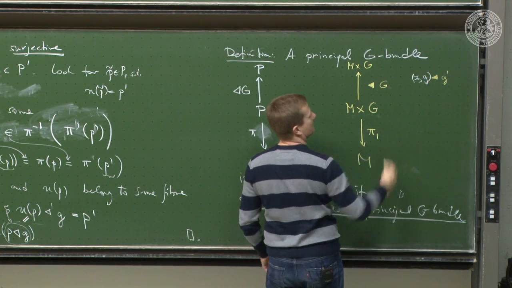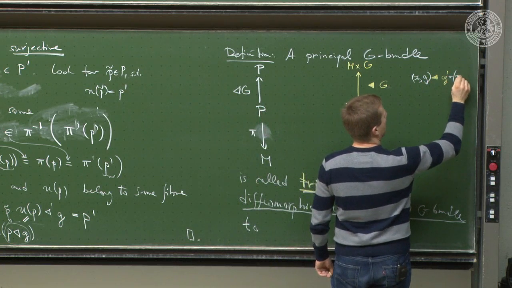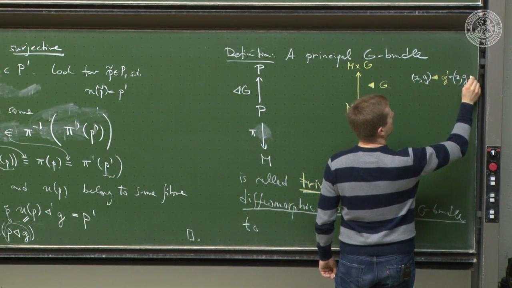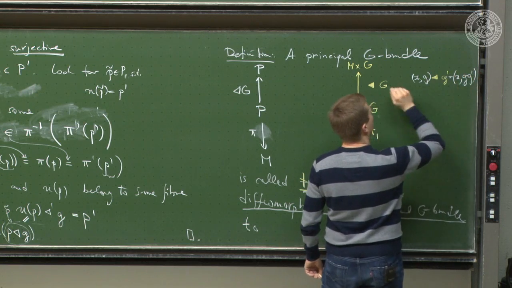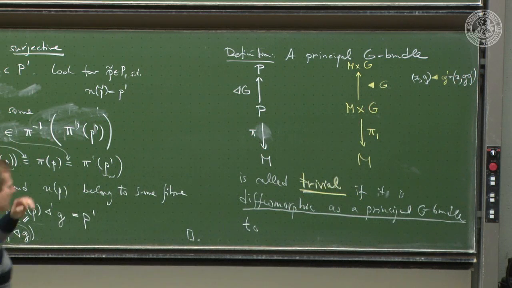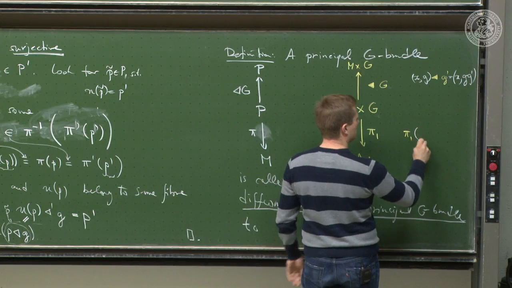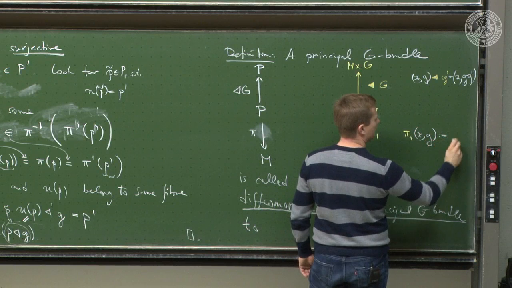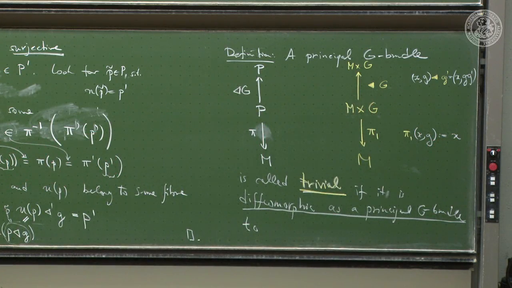This is defined to be x, the x remains untouched, and you act from the right by g prime on the group element. It's very trivial how you act on this, right? And here the pi 1, for completeness, pi 1 eating an element of the Cartesian product is defined to project to the first component.